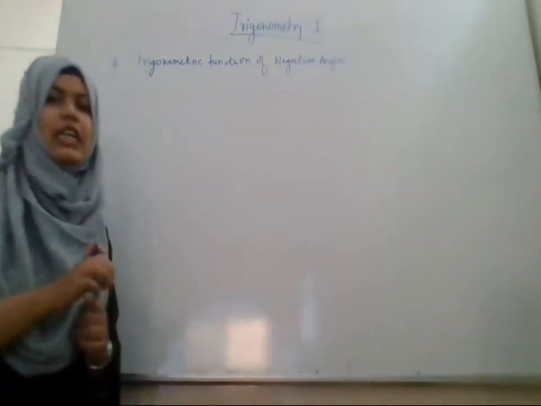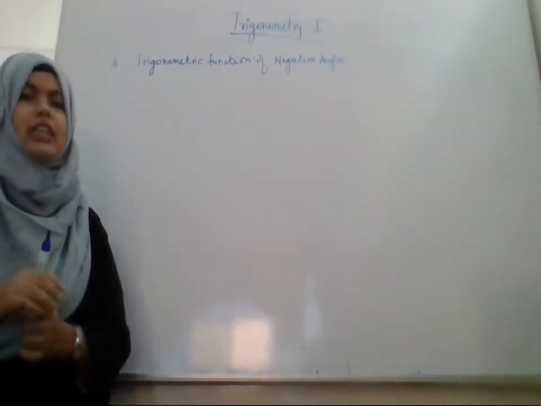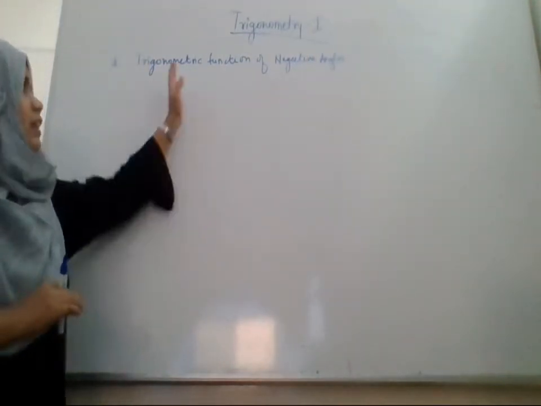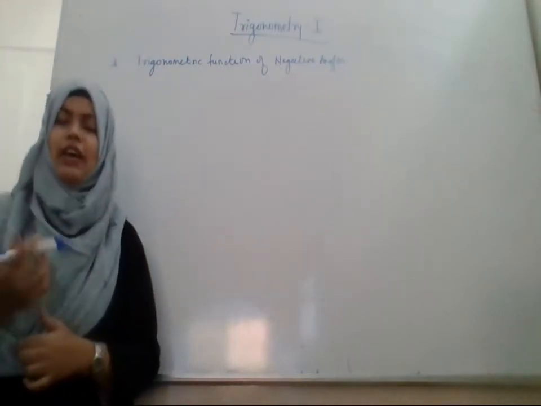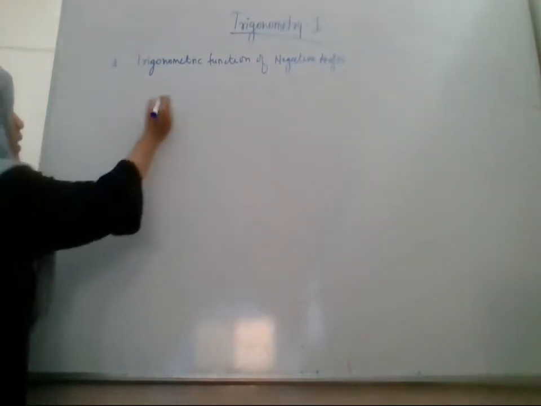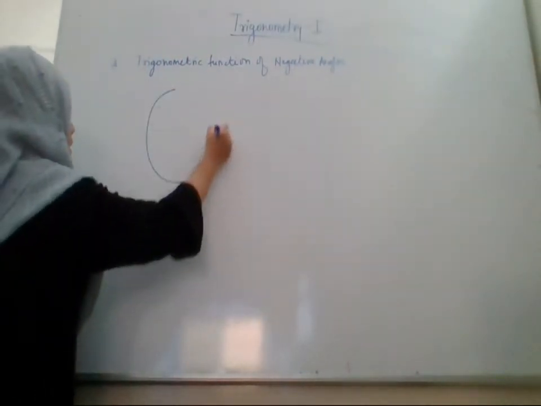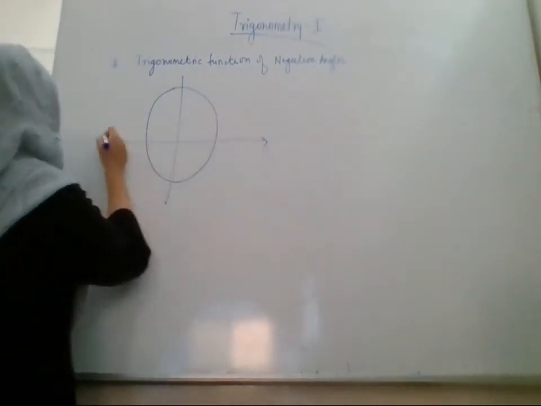In the previous lecture we have seen the trigonometric functions at different angles, and now we will see the trigonometric functions at negative angles, that means at theta and at minus theta. For that, let us take a unit circle.